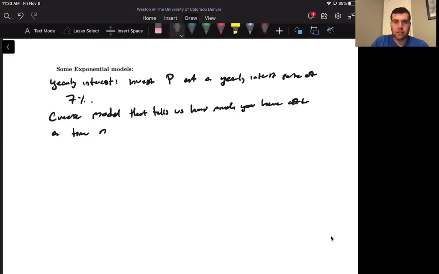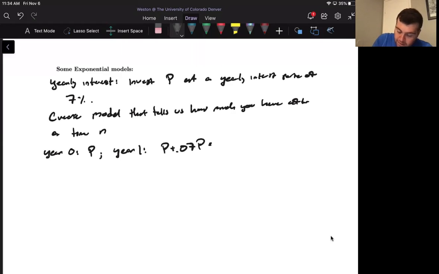And this is actually just like our COVID model, where at the start, so year 0, we have an amount P. After 1 year, we have P, so we still have the same amount we invested, plus 0.07 P. So that's translating that 7% into a decimal.